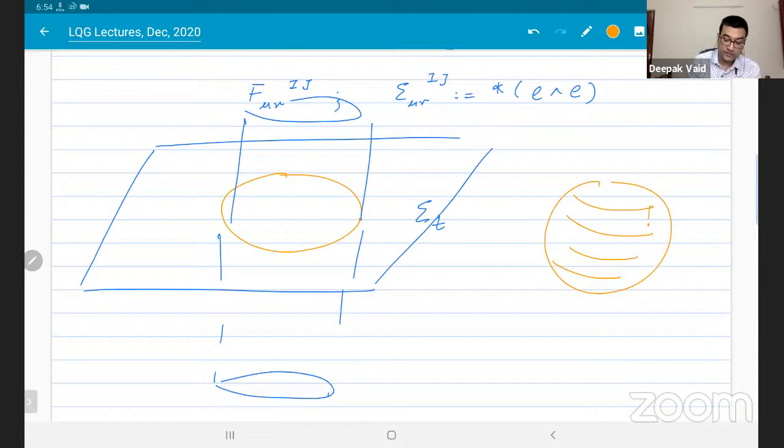On this we will define a triad such that two of the triad vectors are tangent to the surface and one is normal to the surface.